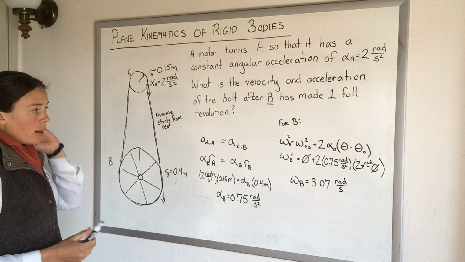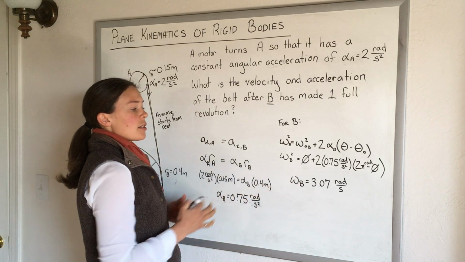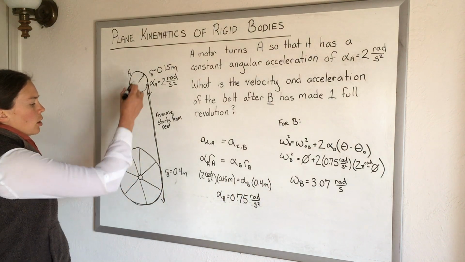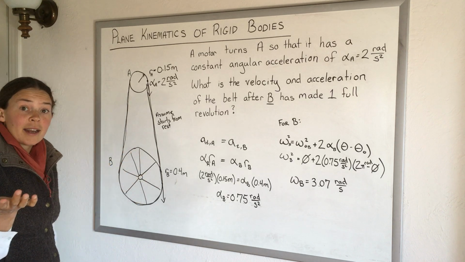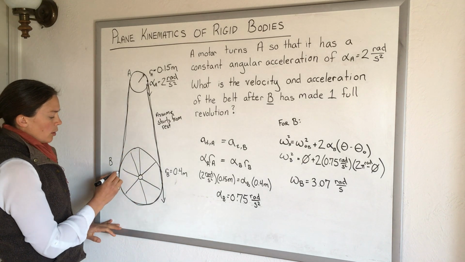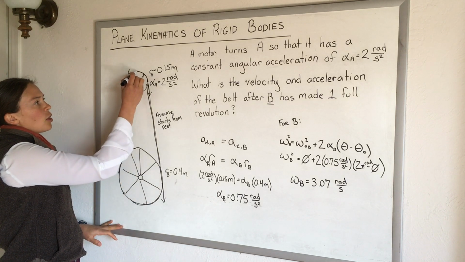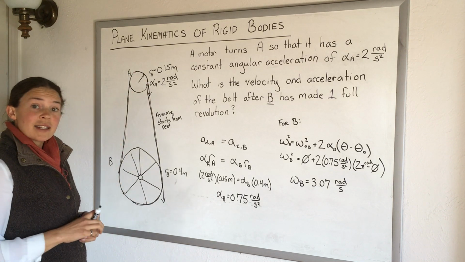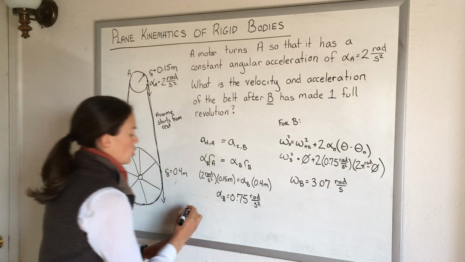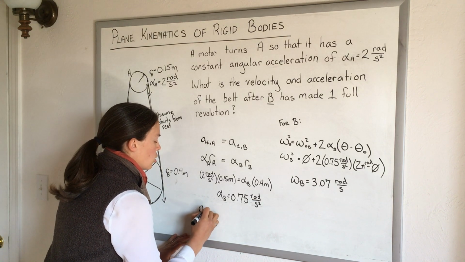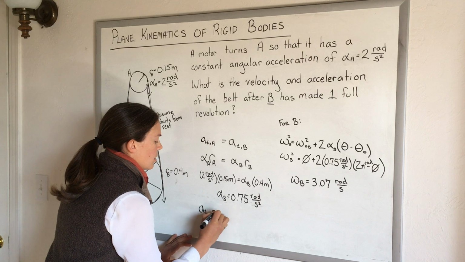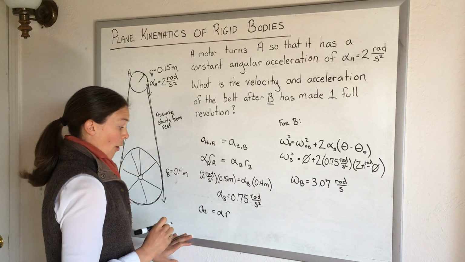We're most of the way there. I just need to figure out how these relate to the actual motion of the pulley. And again, as we said earlier, that motion of the pulley all around the edge of B and all around the edge of A is just that tangential motion. So for acceleration, the tangential acceleration is equal to alpha times r.